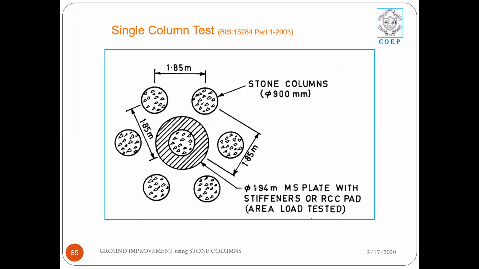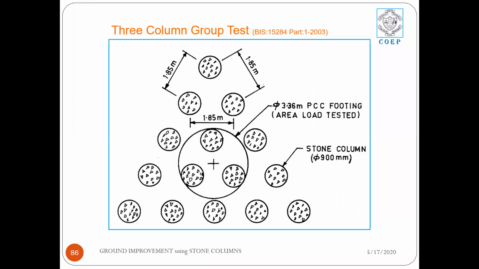If it is a single column test, the pattern has been shown here. The spacing is 1.85 meters center to center for stone columns of diameter 900 mm. So the MS steel plate diameter has been shown and an RCC pad is formed, and then the test is carried out. For a group stone column test on a three stone columns group, this is the pattern that is adopted.